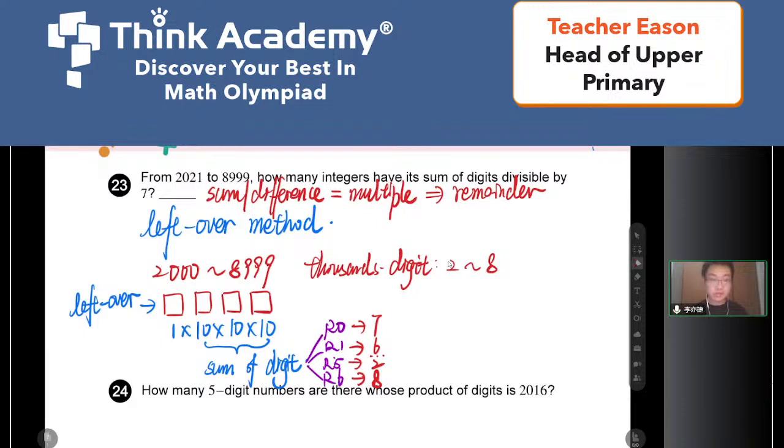So this is the way. However, we should notice that it's from 2021, right? So now we know 2000 to 8999 has 1000 numbers. What about from 1000 to 2020, which is smaller than 2021?